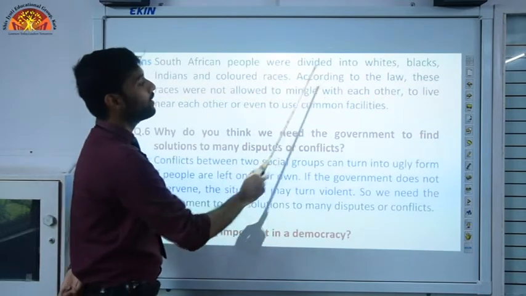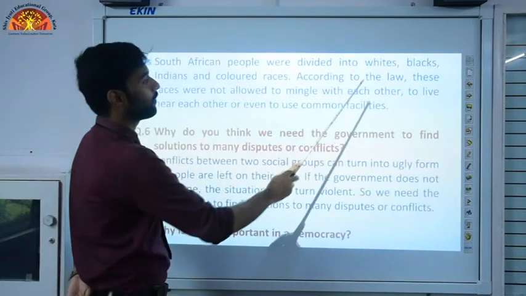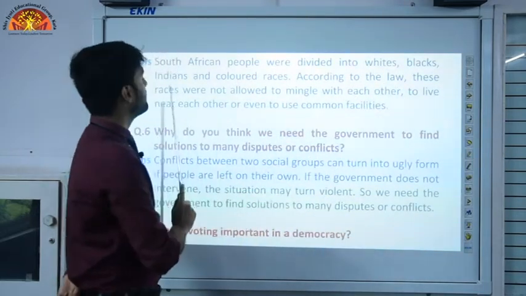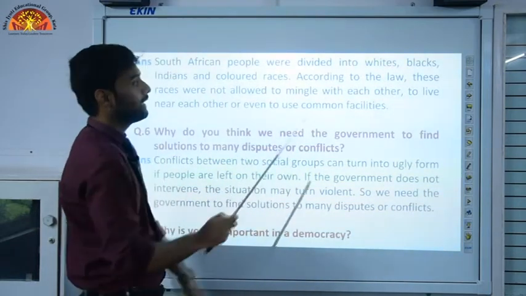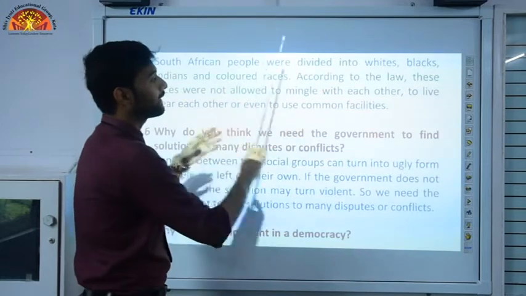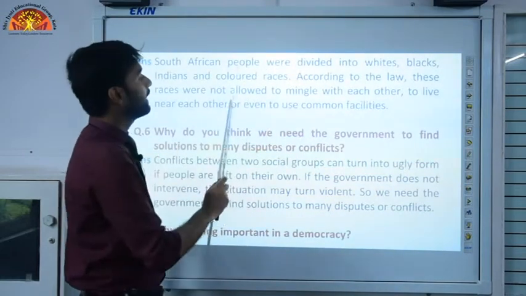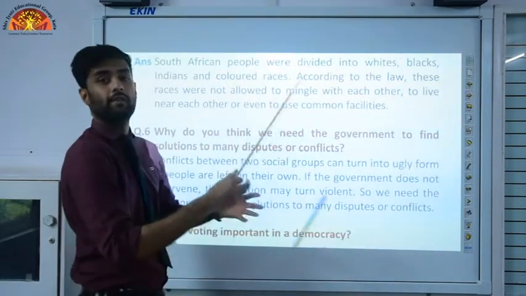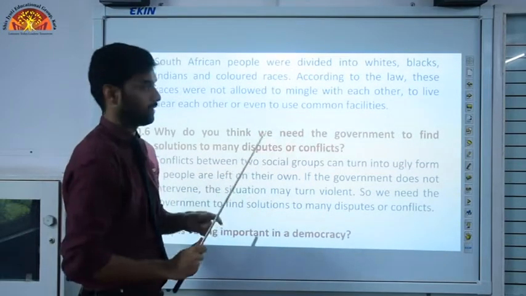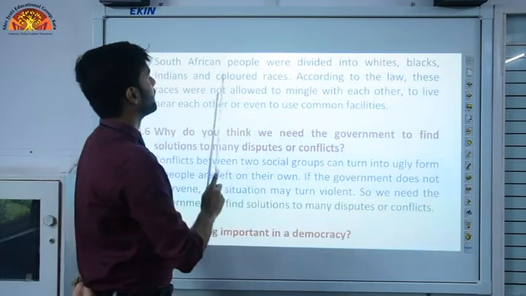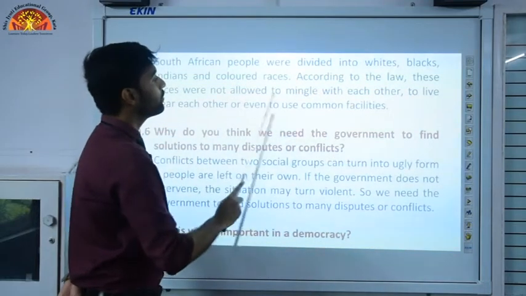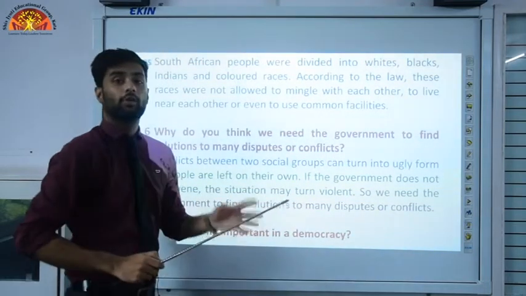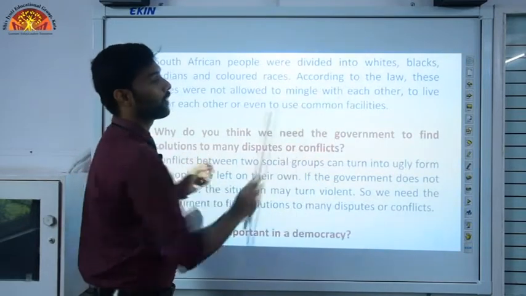According to the law, what was the rule? According to the law, these races were not allowed to mingle with each other. Because of apartheid, people were divided on the basis of their color and they were not allowed to mingle. They could not live together, talk to each other or interact with each other. They were not allowed to live near each other or even to use common facilities. You could not use a bus which was meant for white people only.